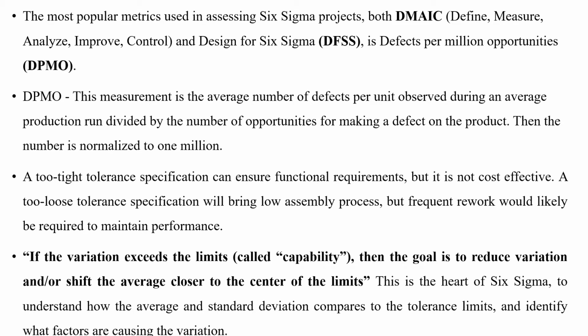If the variation exceeds this limit, then the goal is to reduce the variation, or shift the average closer to the center of the limits. This is the major thing in Six Sigma. We have to reduce the process variation, so we identify the factors mainly causing it and try to reduce these factors.